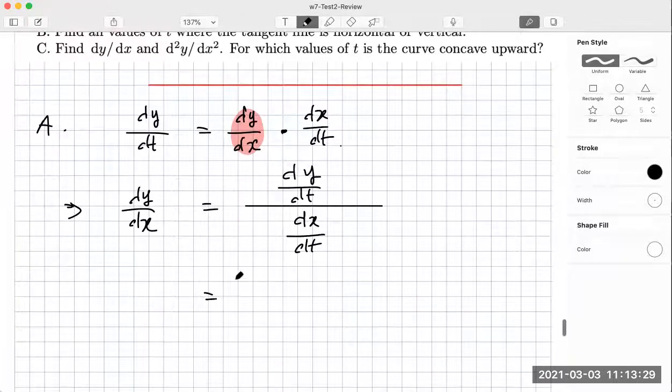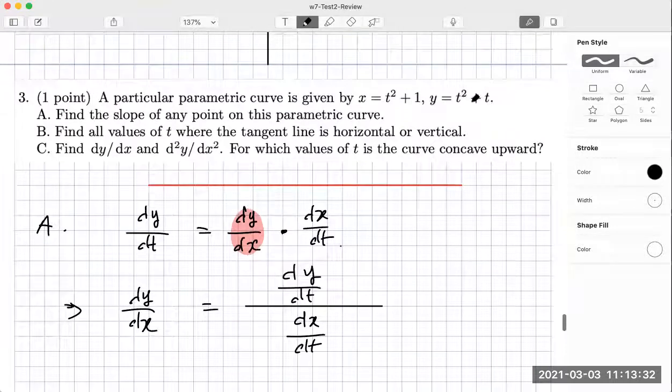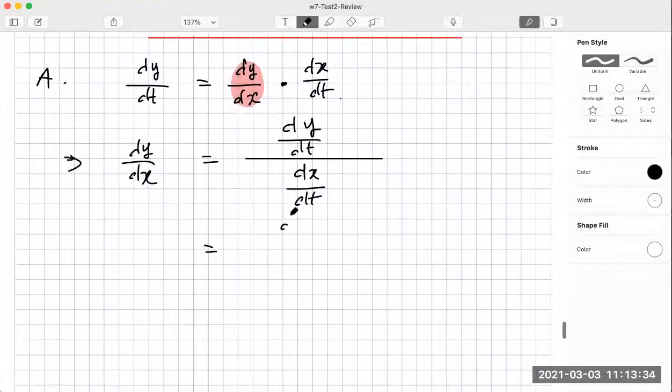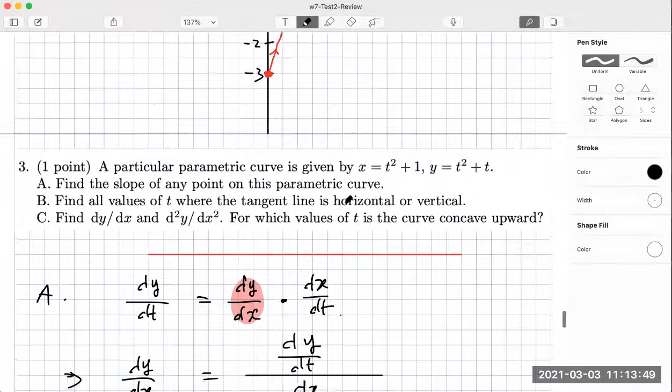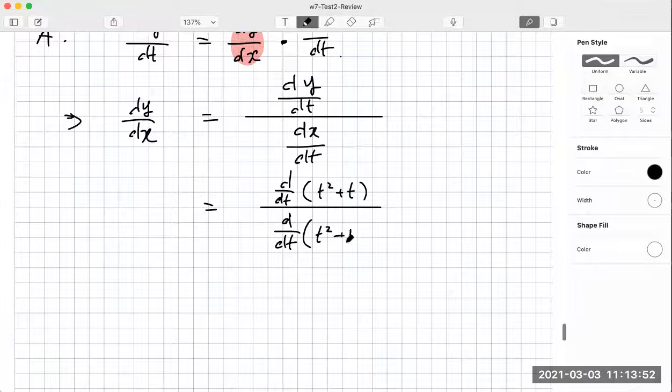And what is dy over dt? y is t squared plus t, right? So dy over dt is the derivative of t squared plus t, and for dx over dt, x is t squared plus 1. Therefore, the derivative of t squared plus t will be 2t plus 1, and of this one it will be 2t.